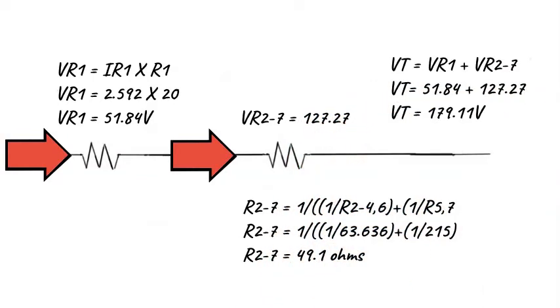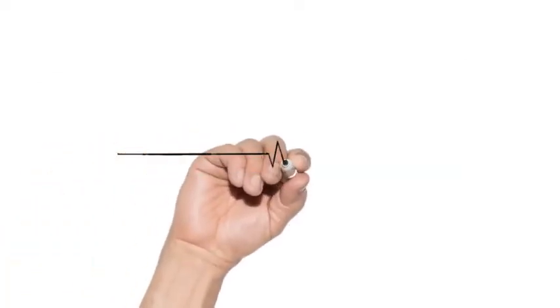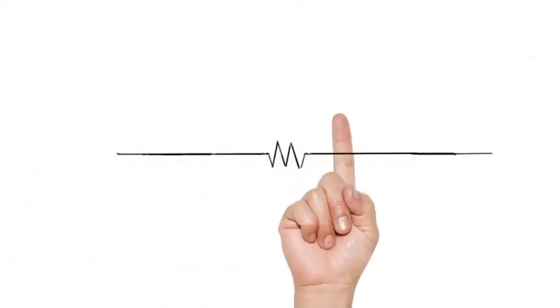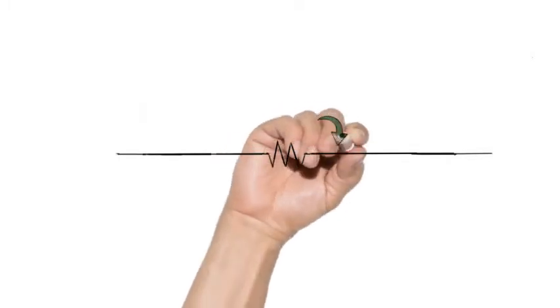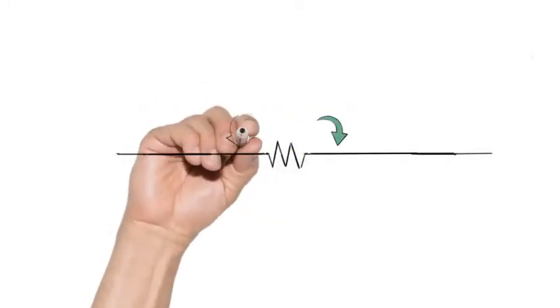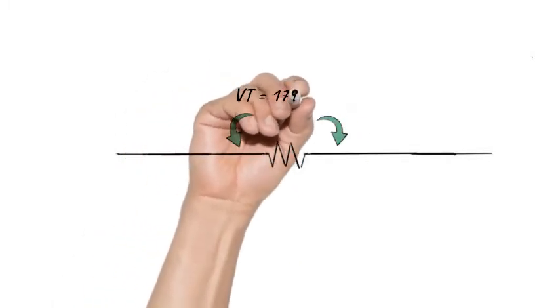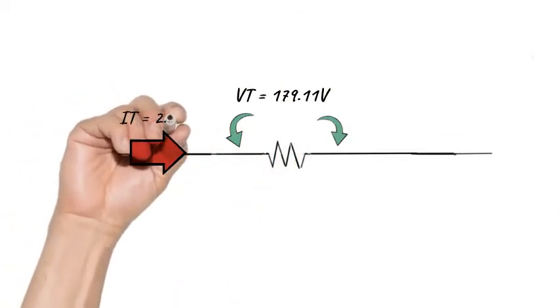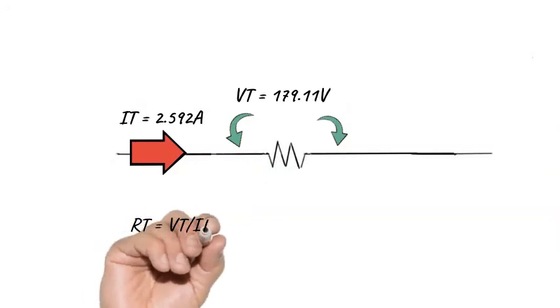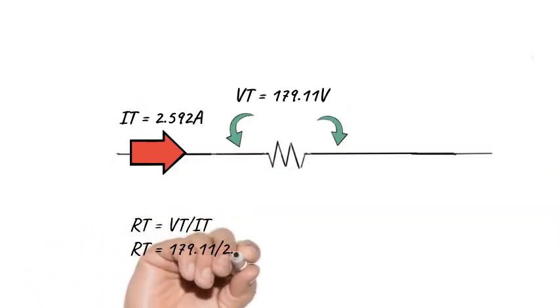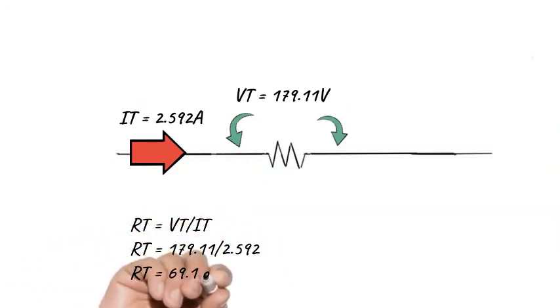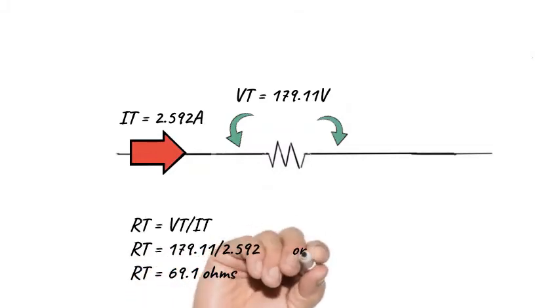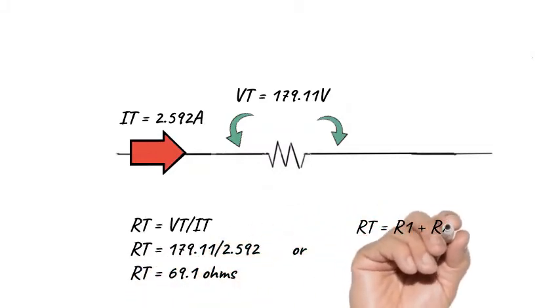It's at this point then that we can look at the values that we have found for our totals, recognizing that we have 179.11 volts for our total, and our total current is 2.592 amps. We can then solve for our total resistance by dividing our voltage by current, or by adding those resistive values together.